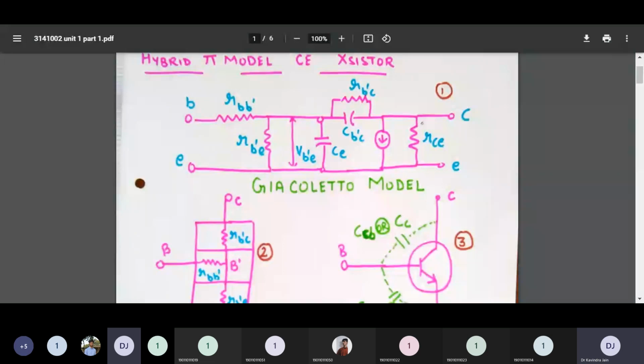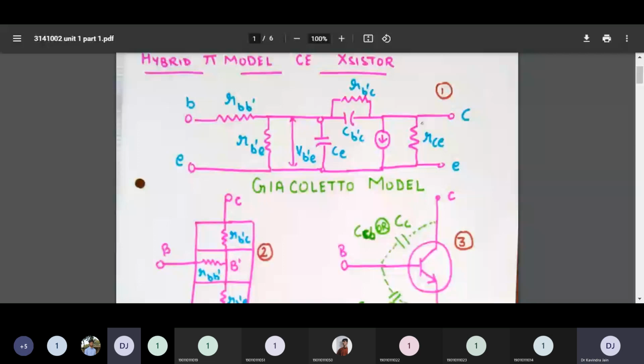Moreover, H parameters are not constant values at higher frequencies. To analyze the transistor at every frequency, it is not possible to rely on H parameters. So to analyze the transistor at higher frequencies, the hybrid pi model is used.